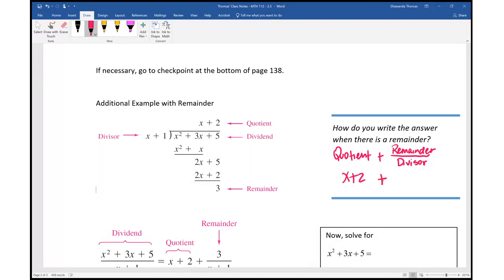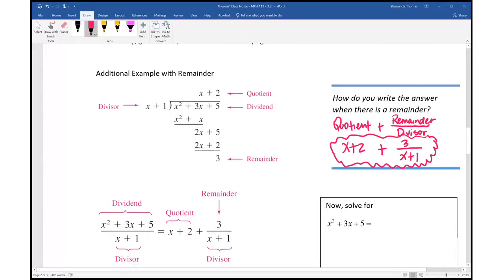You always put a plus sign in between the quotient and the remainder over divisor. So the remainder is 3 divided by the divisor x plus 1. So this is how you write the answer if you have a remainder. If you don't have a remainder, for example, if there was no remainder here, the answer would just be x plus 2.